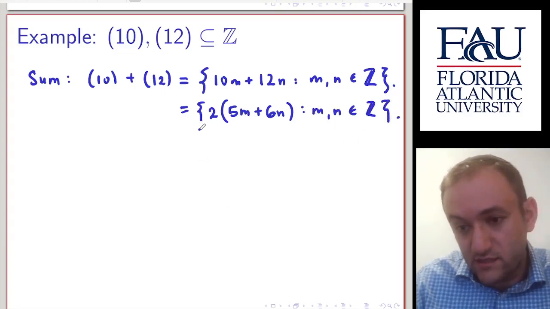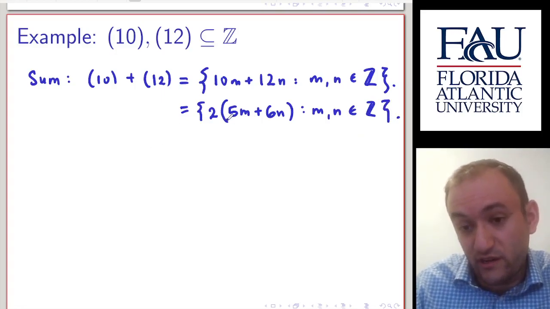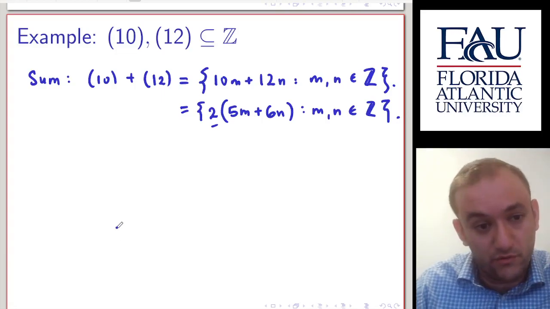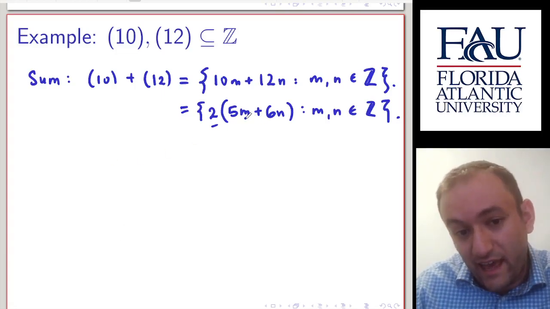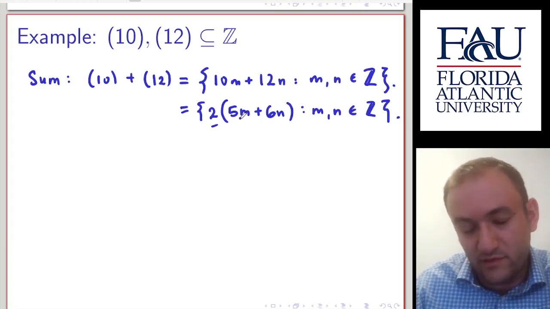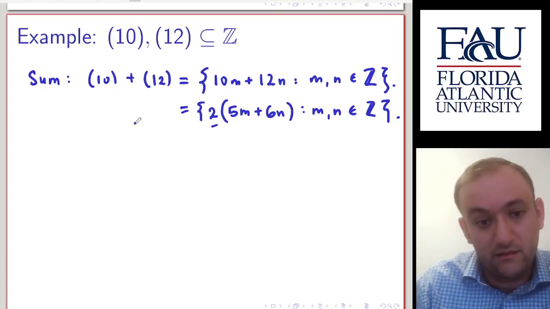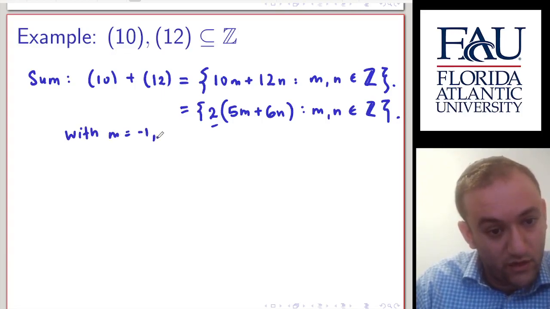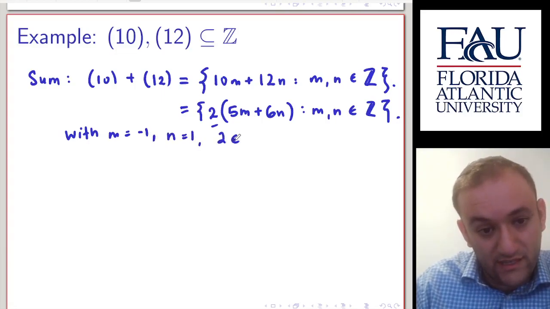So clearly this is going to be contained in the ideal generated by 2, because every term has a factor of 2. And in fact, with m equals -1 and n equal to 1, 2 is in the ideal.